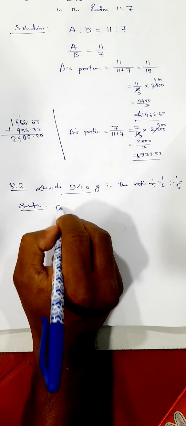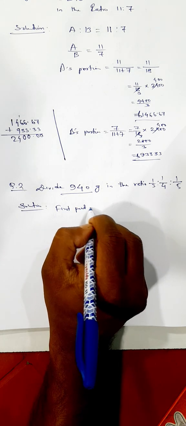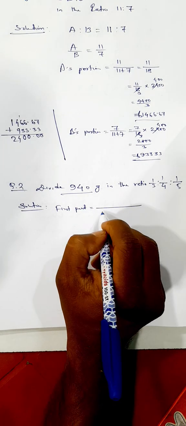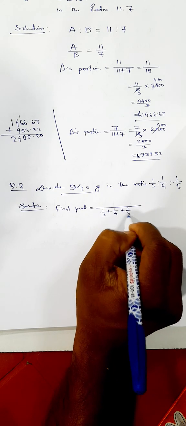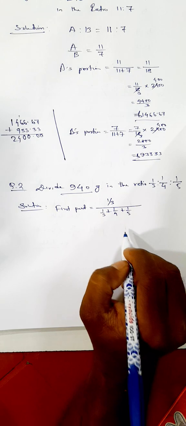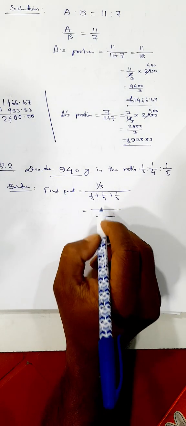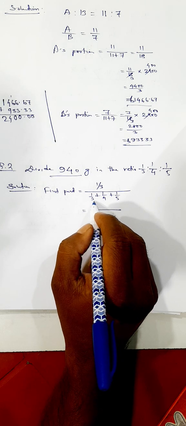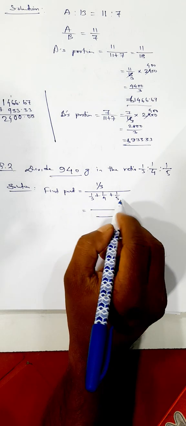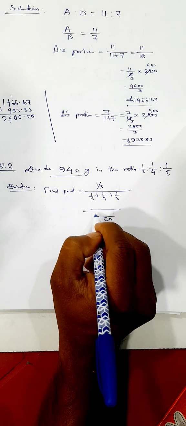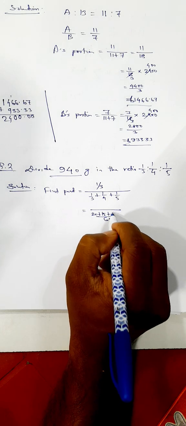Now first part equals 1/3 out of 1/3 plus 1/4 plus 1/5. Let's simplify this. LCM of 3 and 4 is 12. LCM of 12 and 5 is 60. So 3 20s are 60, 4 15s are 60, 5 12s are 60.